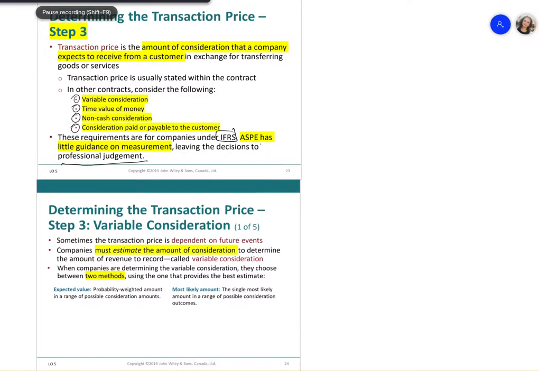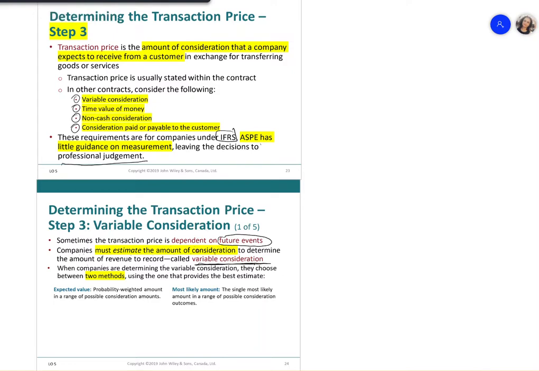Now, when we talk about variable consideration, sometimes the transaction price depends on future events, future cash flows. Then the company must estimate the amount of consideration to determine the amount of revenue to record, called variable consideration.